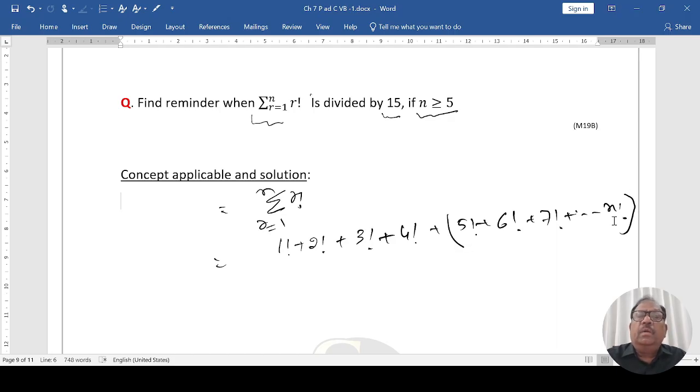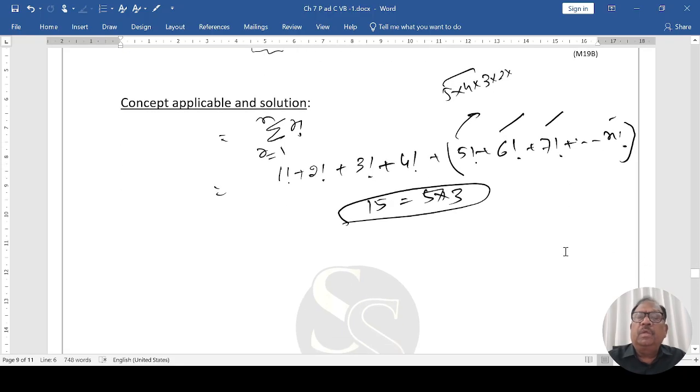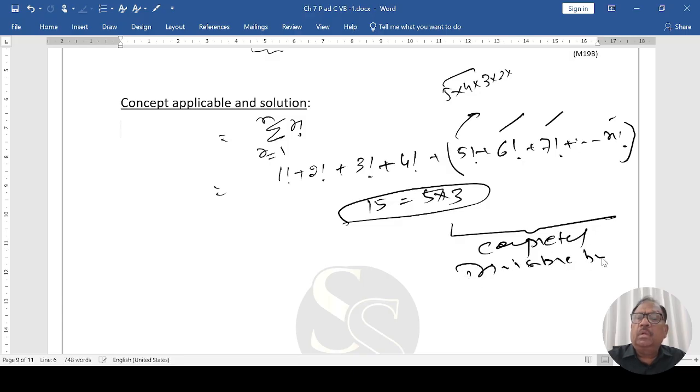We have to find division by 15. 15 means multiplication of 5 and 3 should be there. If we use 5 into 4 into 3 into 2 into 1, 15 is there. 15 will be here, 15 will be here, 15 will be here. Means this is completely divisible by 15.